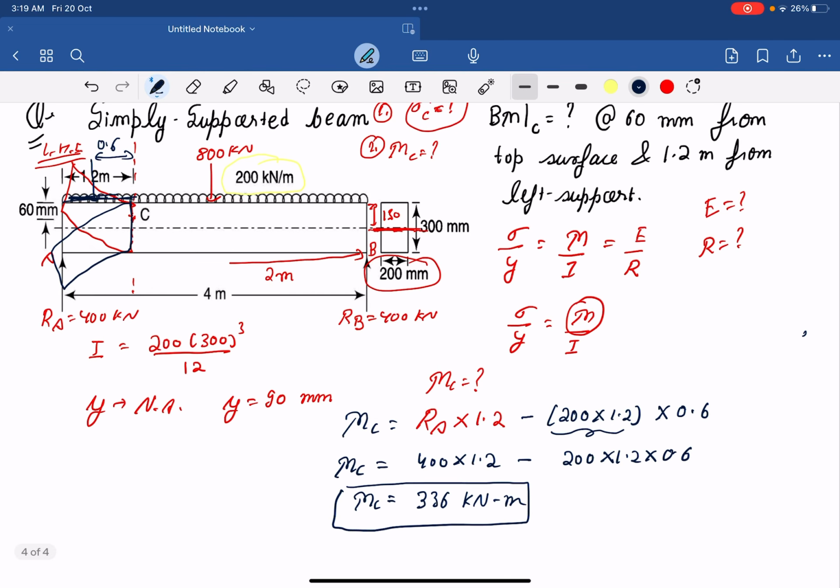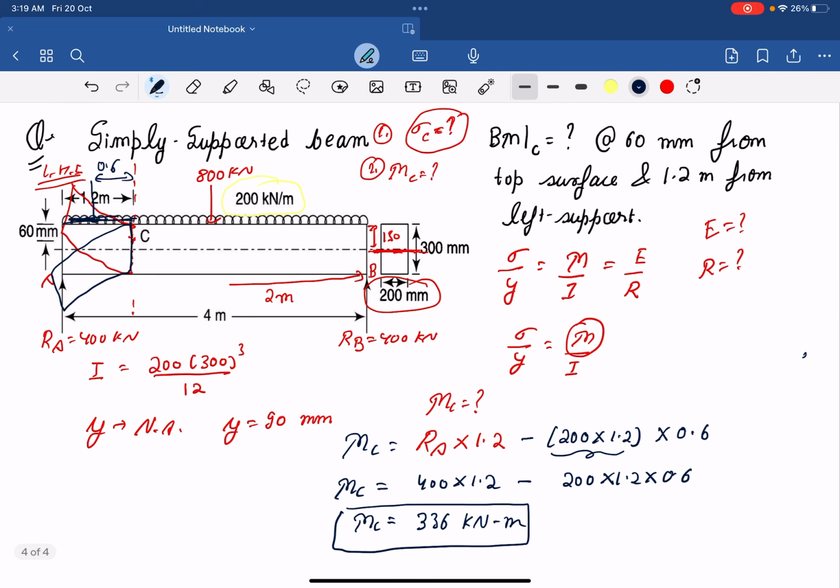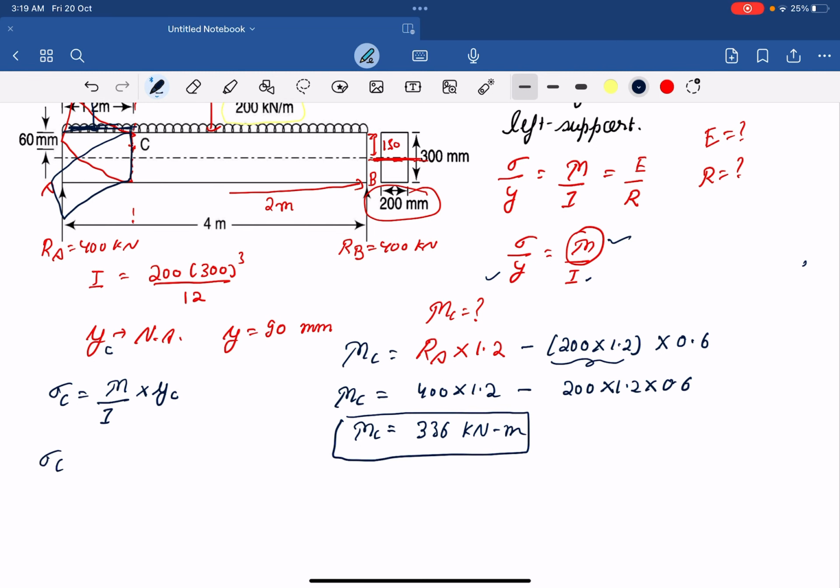Now we wish to calculate bending stress at point C. So here we have y, here we have I, here we have M. Just put all these values in this equation, you will be getting sigma. So sigma C will be M by I into y of C. So y of C is 90 mm. Putting all these values, bending moment at point C is 336 kilonewton meter.